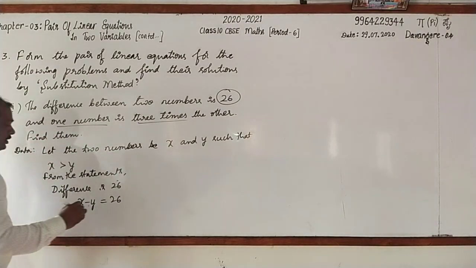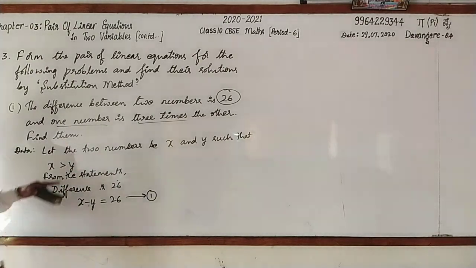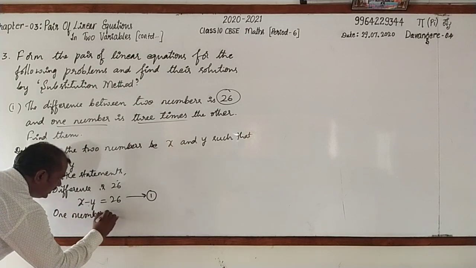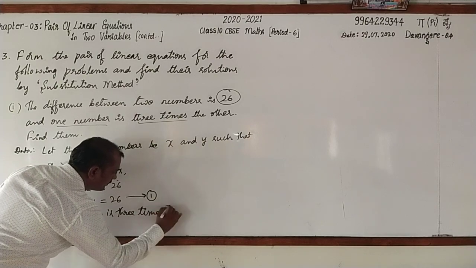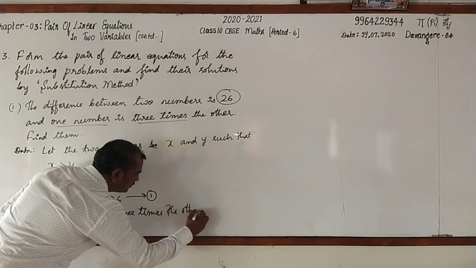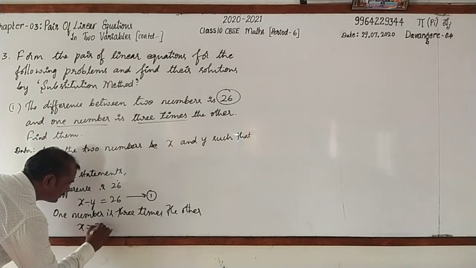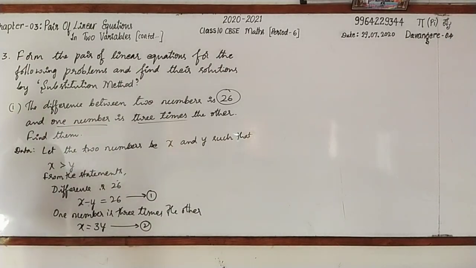And you may call it as equation 1. What is the second statement? One number is 3 times the other. Hence, we can write one number, bigger number is x. It is 3 times that of y. Call it as equation 2.